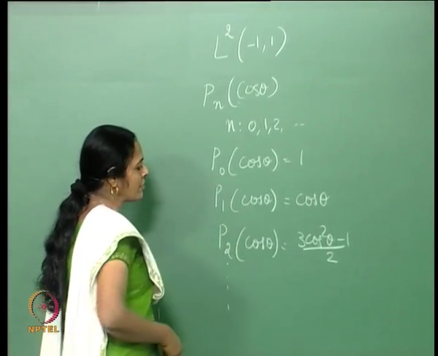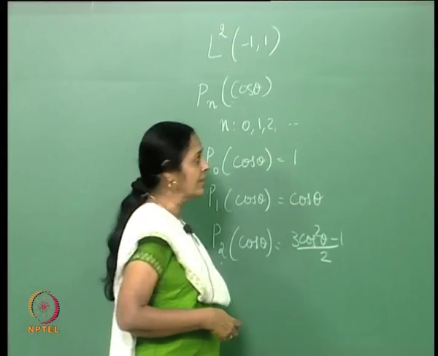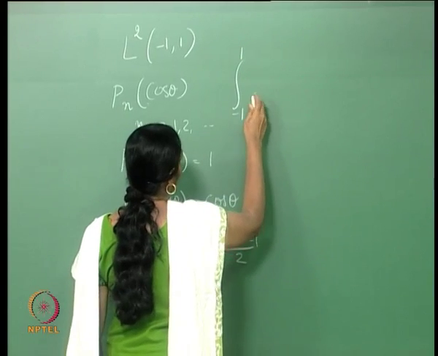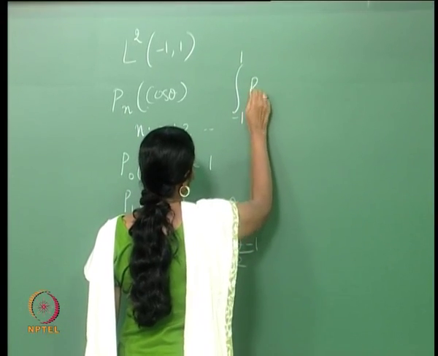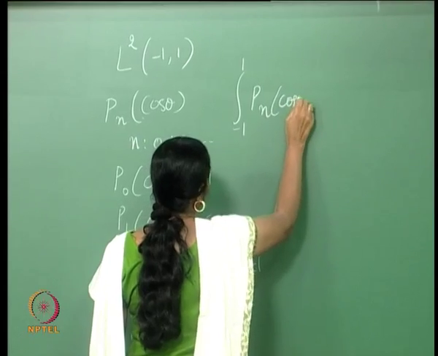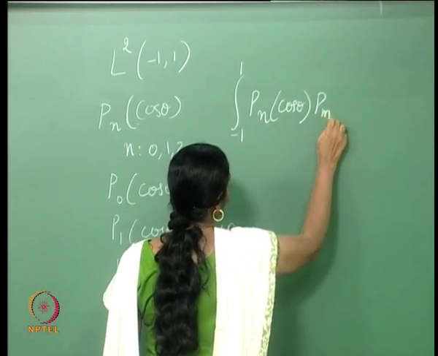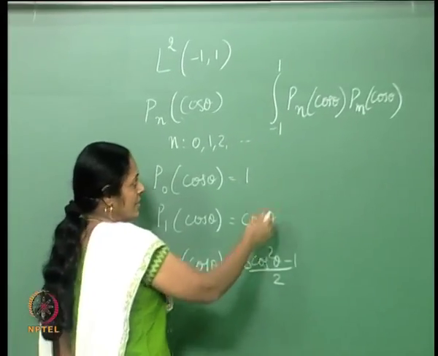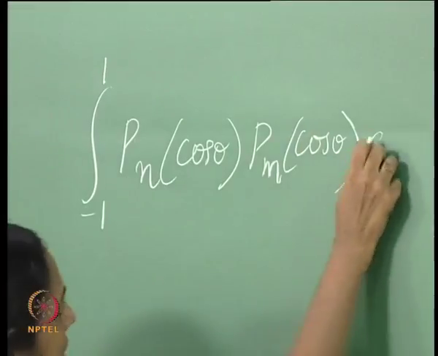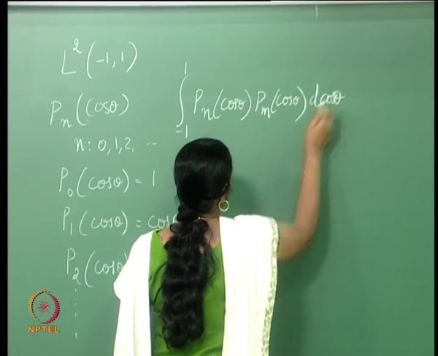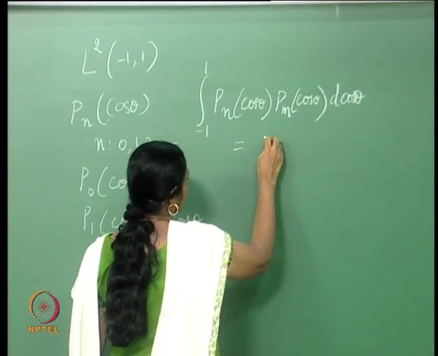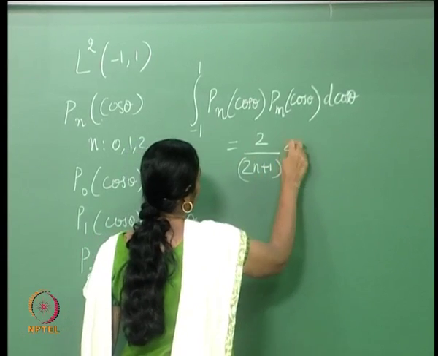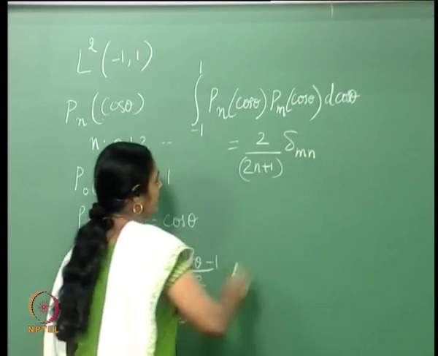They also satisfy orthonormality conditions. Integral minus 1 to 1, Pn of cos theta, Pm of cos theta. Now these are all real functions, so I don't put a star there. d cos theta is 2 by 2n plus 1 delta mn.